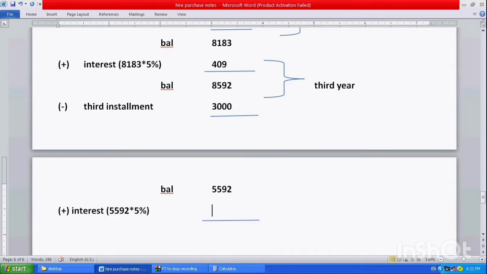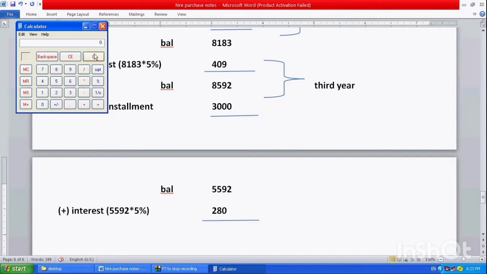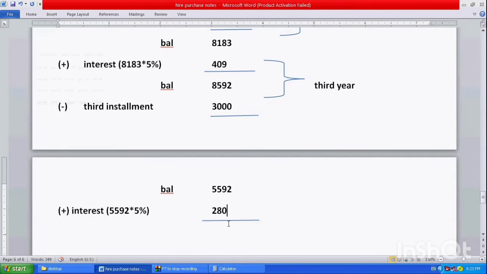So how much are we getting? Let's calculate. We are getting 280. I have already calculated this 280. You can see here on the calculator, 5,592 into 5%. So we are getting 280.